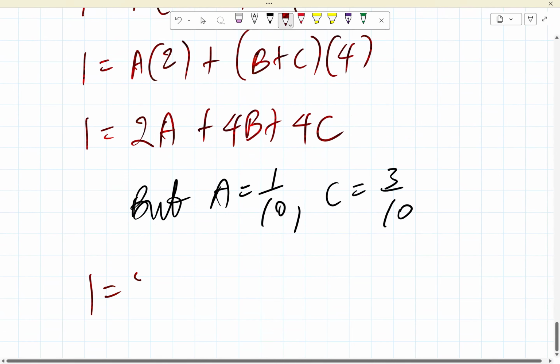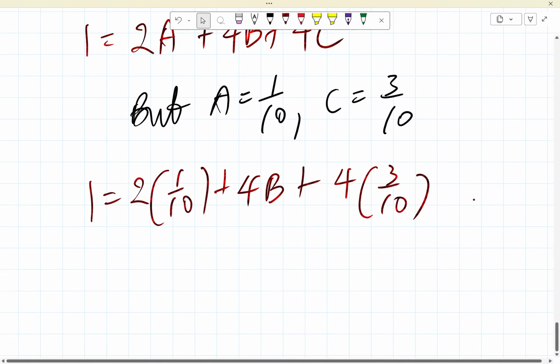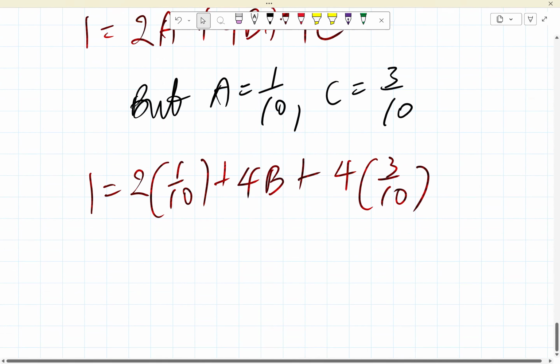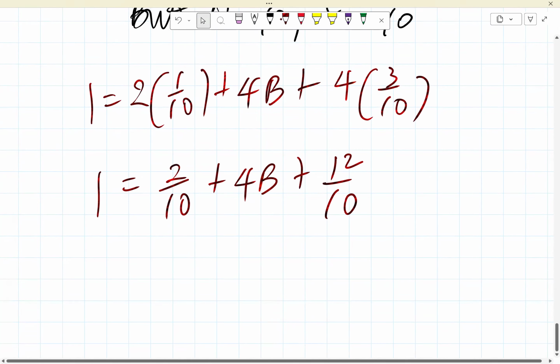So 1 is equal to 2 into 1 over 10 plus 4b plus 4 into 3 over 10. So with that in place, we have 1 equals 2 over 10 plus 4b plus 12 over 10. There's no point trying to reduce to the lowest term because we can easily multiply by 10.